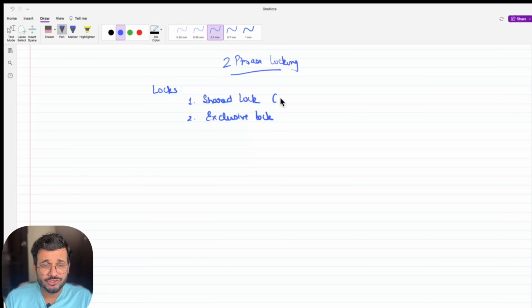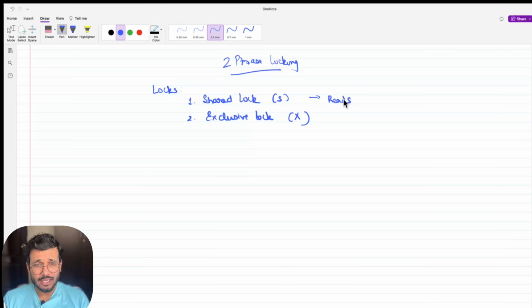We can mark shared lock as S and exclusive lock as X. The definition of shared lock is that whenever we have a transaction in which we only do reads, in that case we use a shared lock. We want to concurrently allow reading by multiple resources, so we can give a shared lock. This lock is shared by multiple servers.